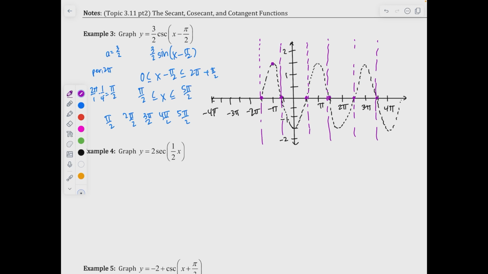And at my max value, if I'm above the x-axis, I'm going up. And then at my minimum value, I'm going to go down. And at my max value, I'm going to go up. And at my minimum value, I'm going to go down. And then maximum, I go up. And minimum value, I go back down again. Okay, and so that would be how I would graph my function here.